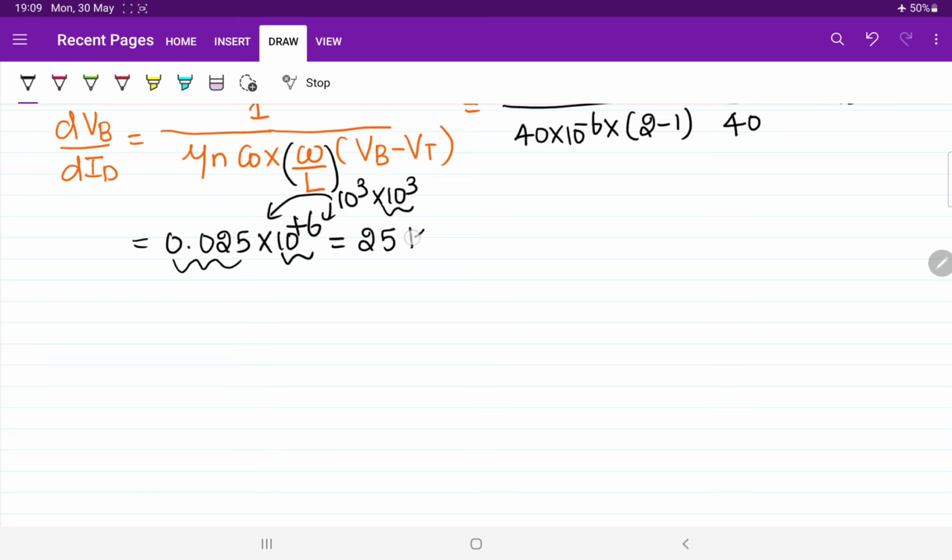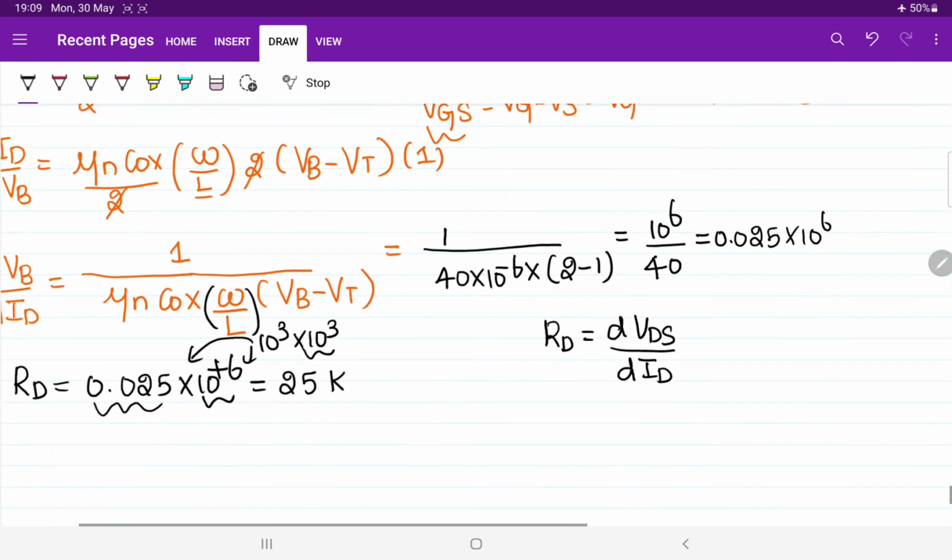Another 10 power 3 can be written as kilo, and voltage by current, what is the unit? V by I is nothing but resistance. So directly I can write that this is resistance. Of course, I can also say this is called the drain resistance, because the drain resistance, according to Ohm's law, can be defined as dVDS by dID only.